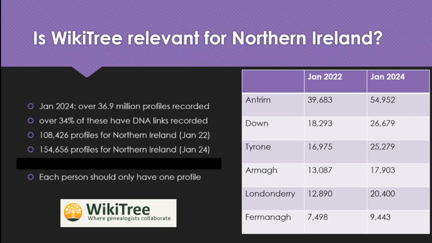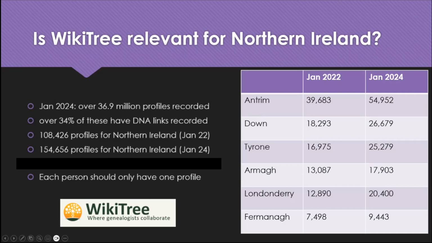At the moment, I have done a little comparison here. You can see I did some statistics 2 years ago in January 2022, and this was the number of profile pages for individual people who had been recorded for each of the 6 counties of Northern Ireland. And this is what it was yesterday when I updated these figures. So the number of profiles recorded has gone up in 2 years from over 108,000 to over 154,000.